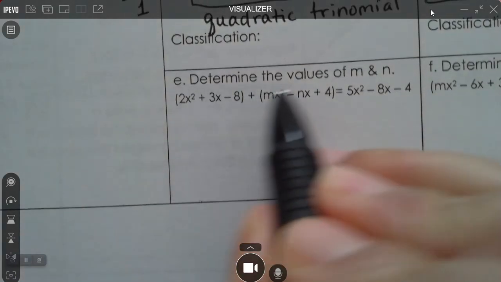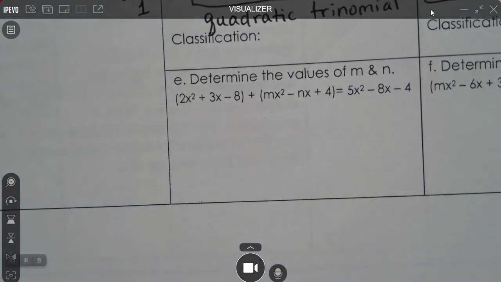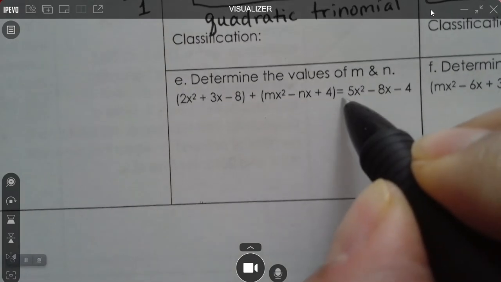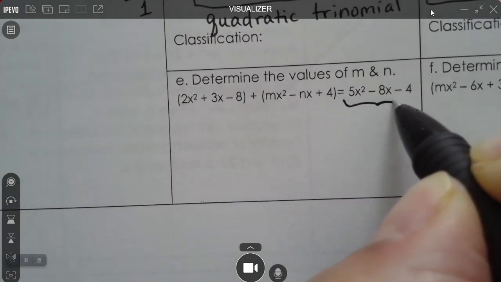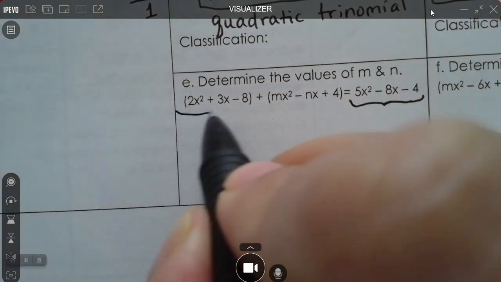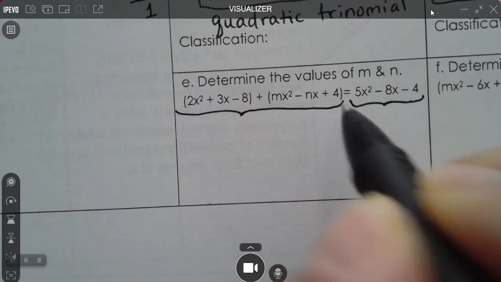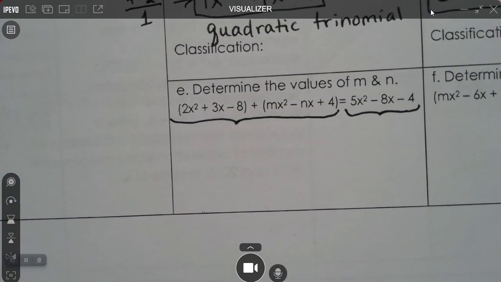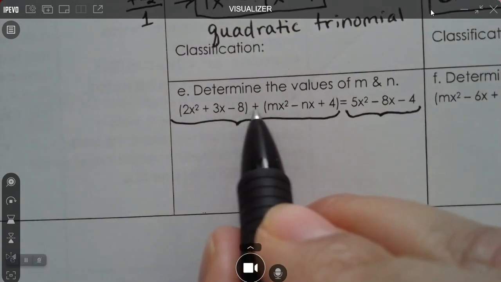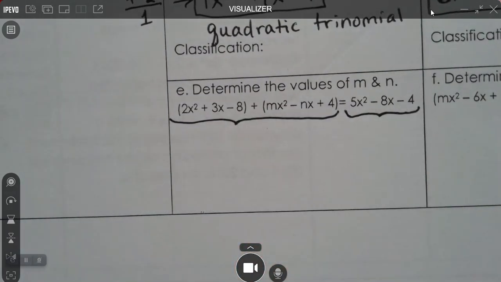All right, determine the values of m and n. And this really isn't a procedure, it's more number sense. One of the things I notice is that the right side is simplified, but the left side is not simplified. We have a plus sign there and we have sets of parentheses.